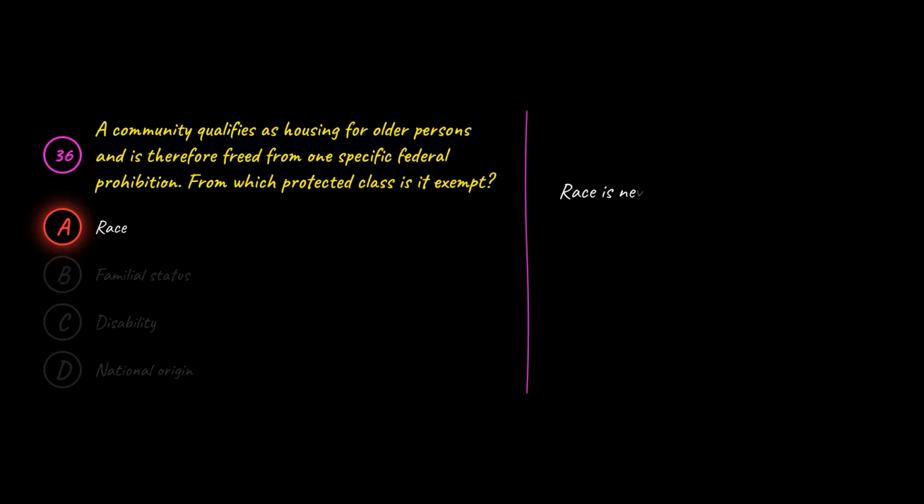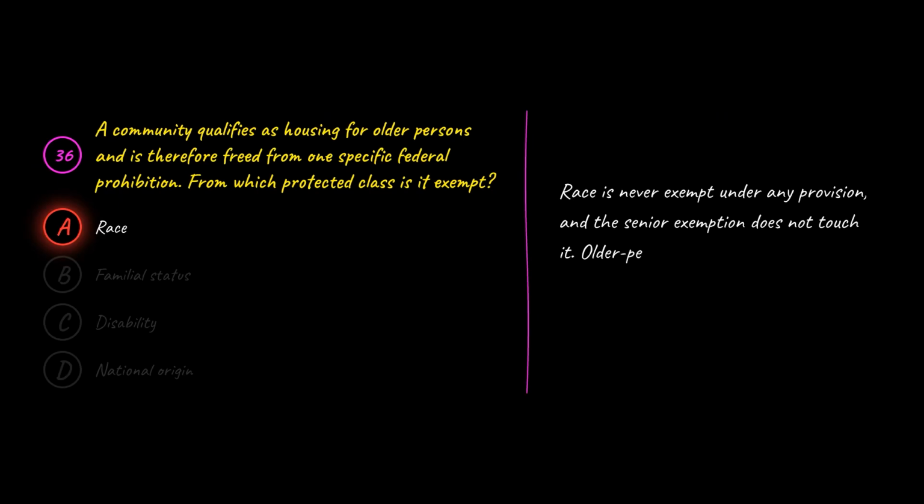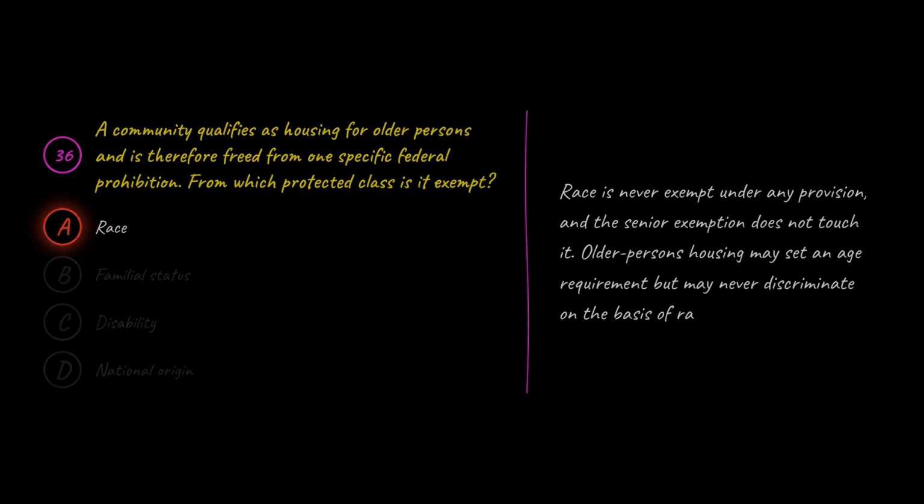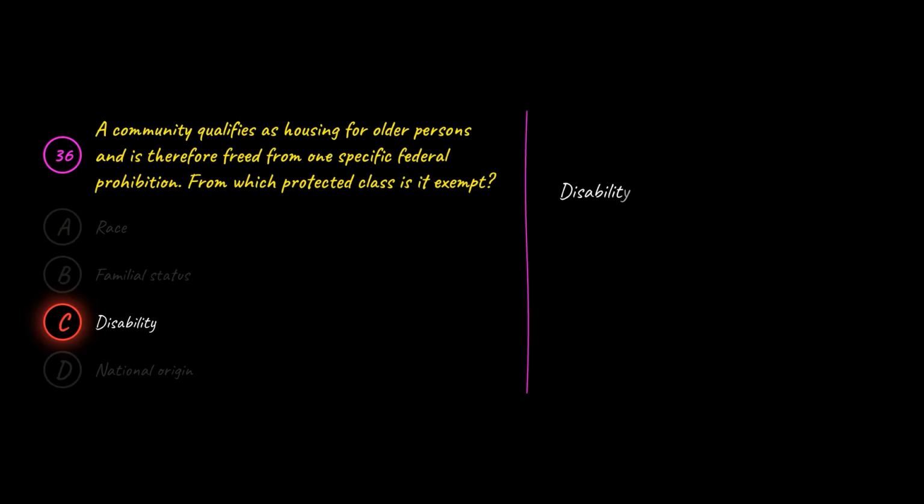A is wrong because race is never exempt under any provision, and the senior exemption does not touch it. Older persons housing may set an age requirement but may never discriminate on the basis of race. C is wrong because disability protections remain fully enforced for senior housing, which must still accommodate residents with disabilities.